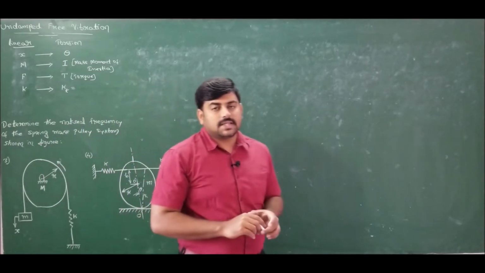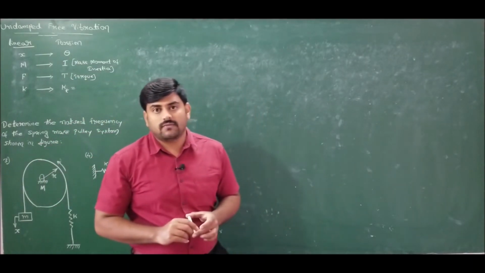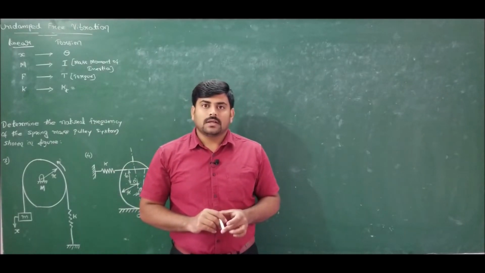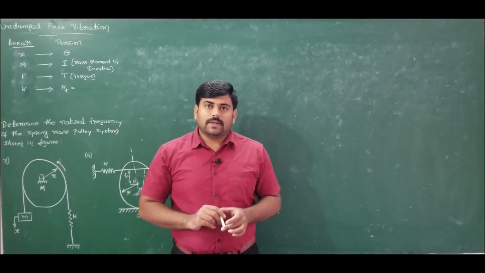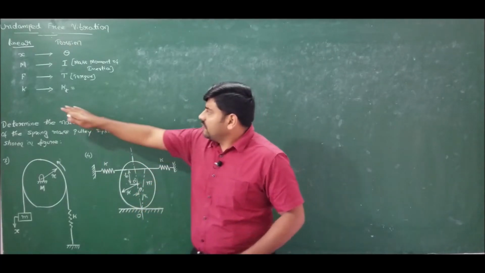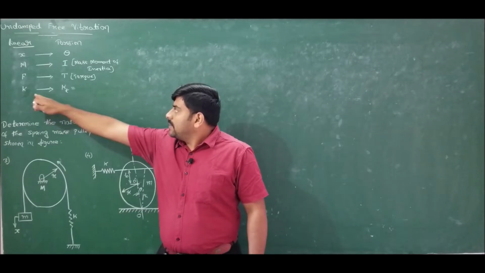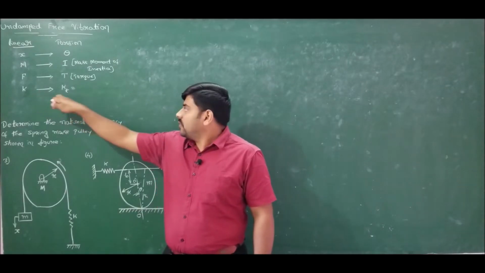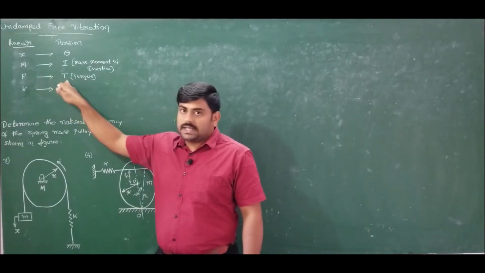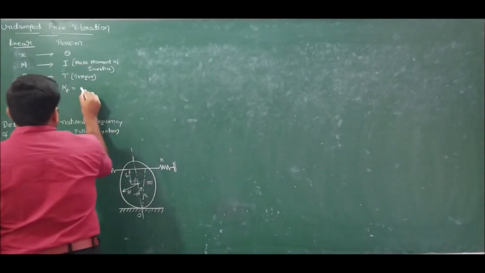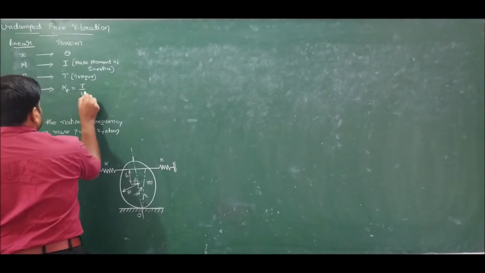Stiffness is defined as resistance for deflection, or force per unit deflection, that is Newton per meter. For linear systems we use force per deflection, F by x. For torsional systems, F should be replaced by T and x by theta. So torsional stiffness is given by T by theta.